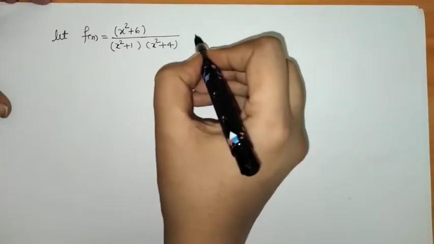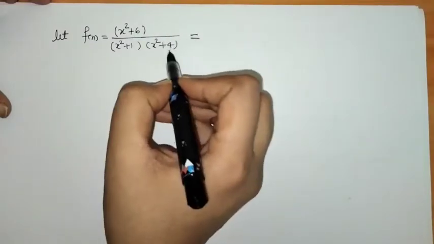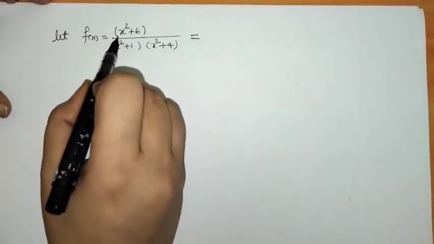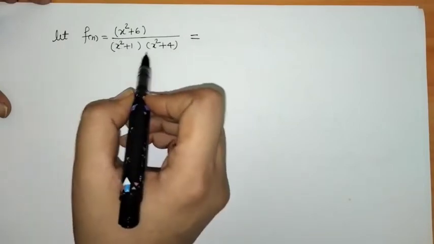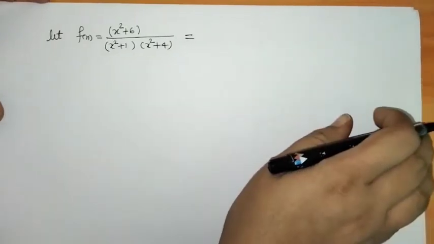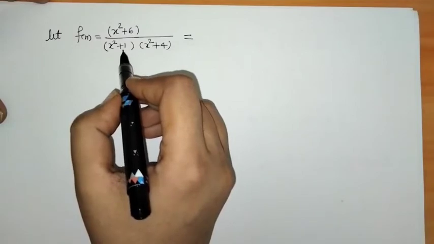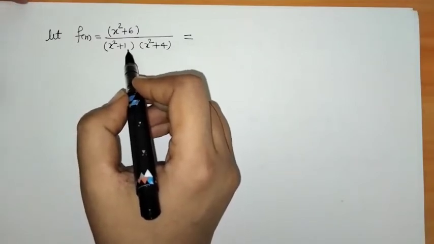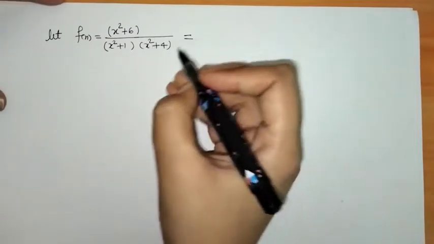Here we have this f of x. This is a proper rational function, where the degree of the numerator is less than the degree of the denominator. We can check that in the denominator we have two quadratic irreducible factors.